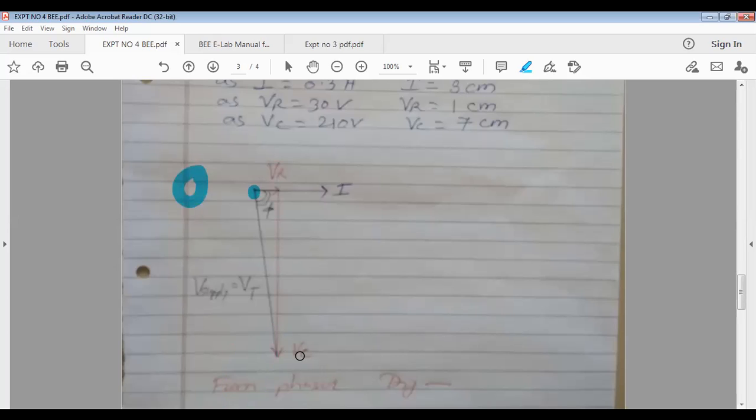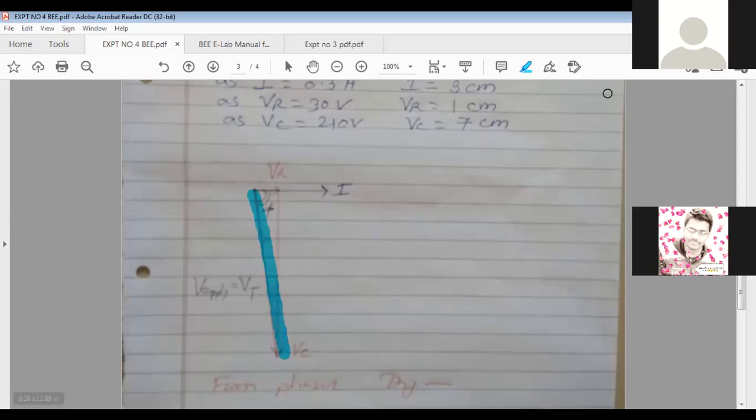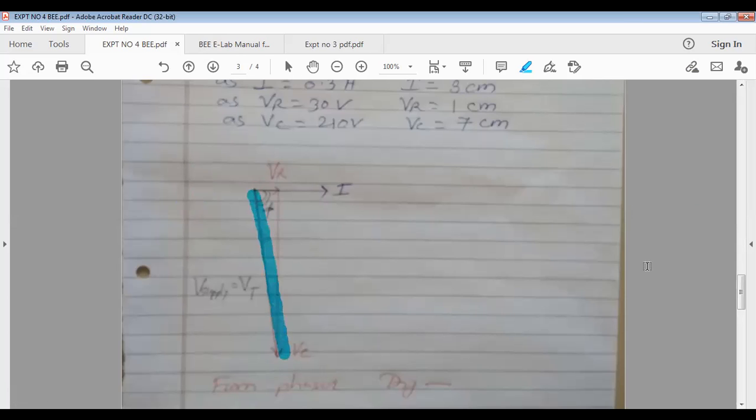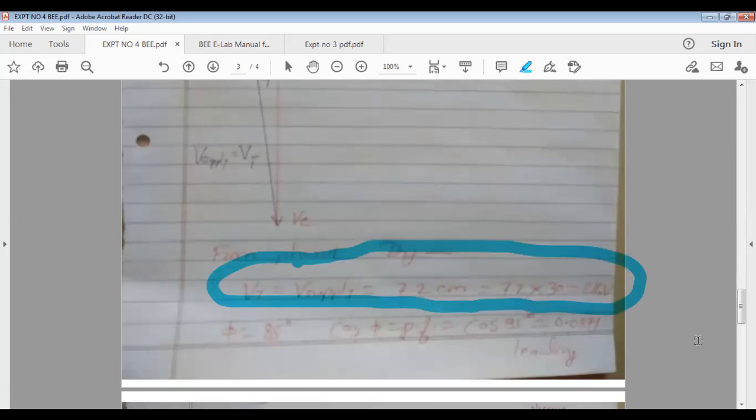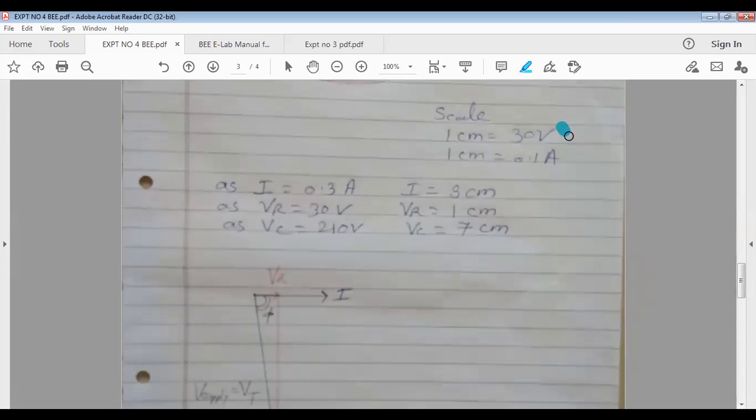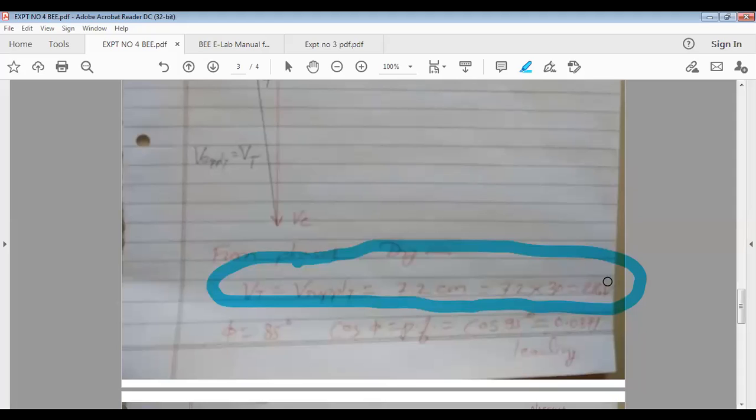Now, can you take a scale and measure this slant line in centimeter? Yes, ma'am. So I got 7.2 centimeter. Using the scale for voltage, can you convert that centimeter into volts? 1 centimeter is equal to 30 volt, so you have to multiply by 30.